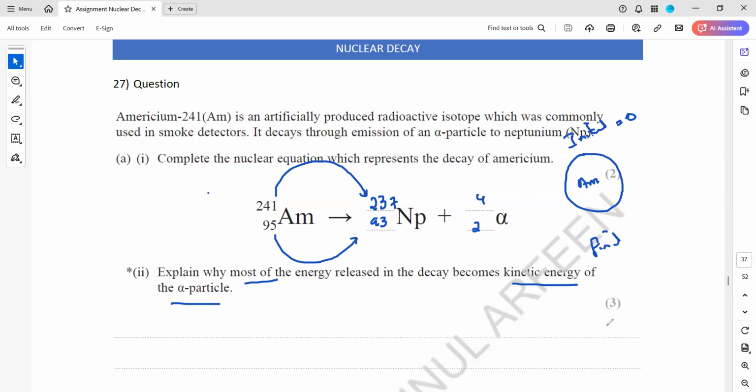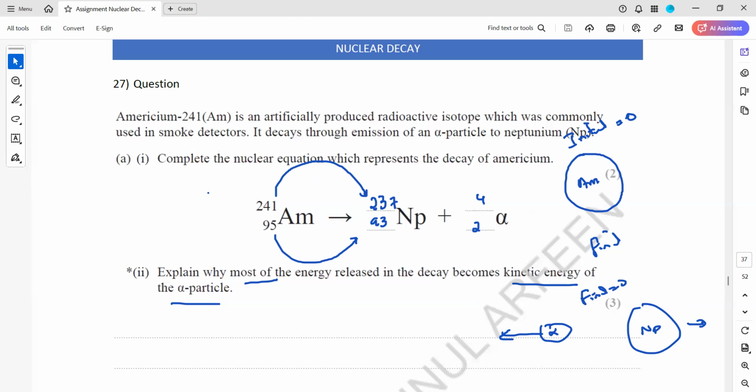So how is the final momentum 0? If the neptunium is moving towards the right-hand side, the alpha particle will move towards the left-hand side to conserve the momentum, because if one particle moves towards the right, another should move towards the left. So because of conservation of momentum, the alpha particle and the neptunium will move in opposite directions.